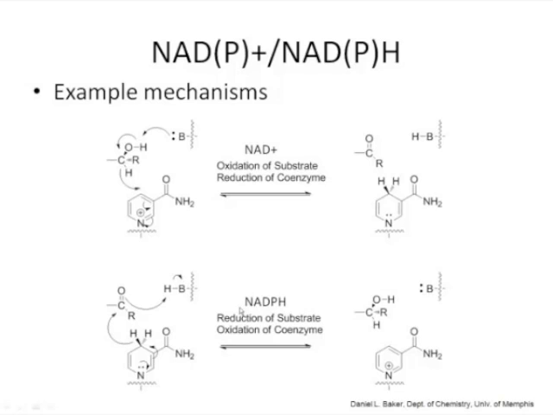And because we're talking about the reduced form of the cofactor, it's more likely to be NADPH, and the oxidized substrate becomes reduced, the cofactor becomes oxidized, and we're including this proton that's being converted. So we need to take that into account when we're writing our balanced chemical equation. Okay, we'll see some more examples of these in the problem set, to give you a little bit of practice.